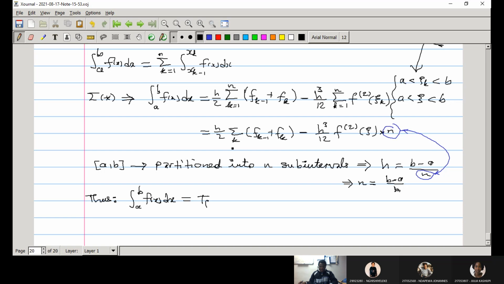Anyway, this rule, I think we call it T, f, h, this one. Now I can put here maybe C to indicate that it's a composite. It's just a notation. I hope you are not disturbed by that expression.